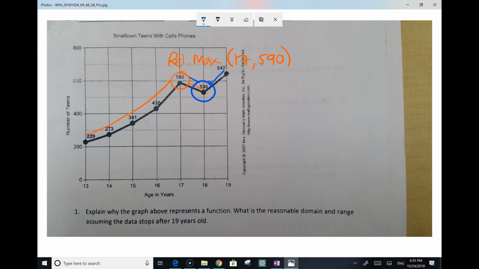You're decreasing and then suddenly you're increasing as soon as you pass that point 18, 530. And so for that reason, this point represents a relative minimum. And this occurs at 18, 530. And what this means is that there are 530 teenagers aged 18 who own cell phones in this small town.